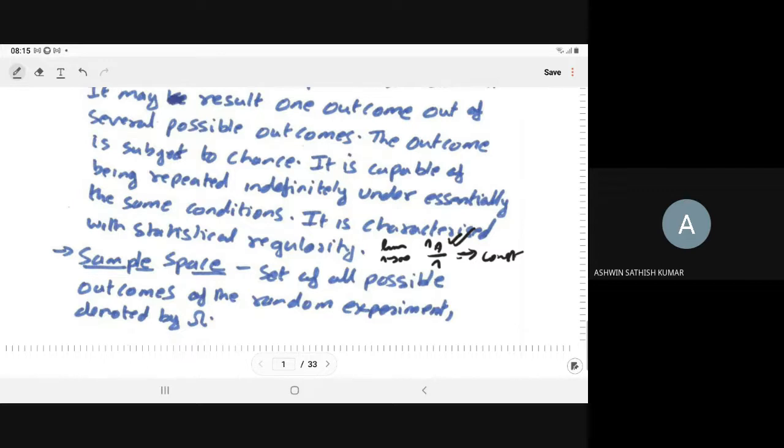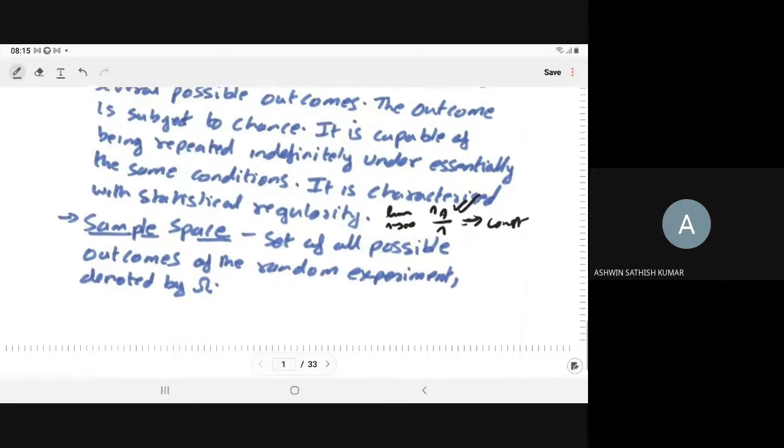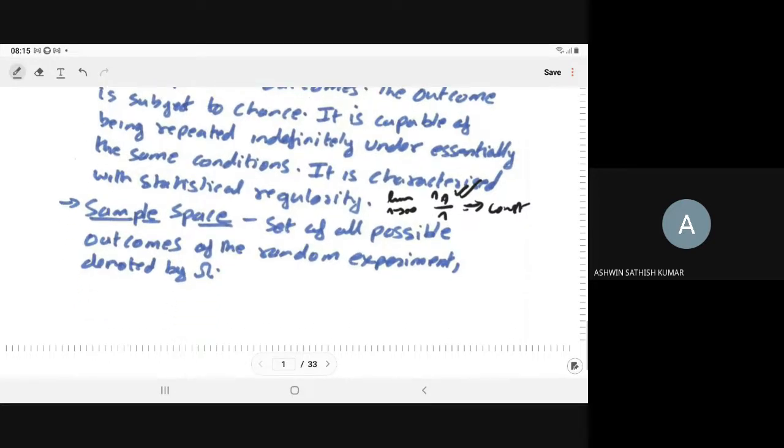Thereafter, we have the important terms. Sample space is the set of all possible outcomes of the random experiment. For example, when we toss a coin, the possible outcomes are head and tail.